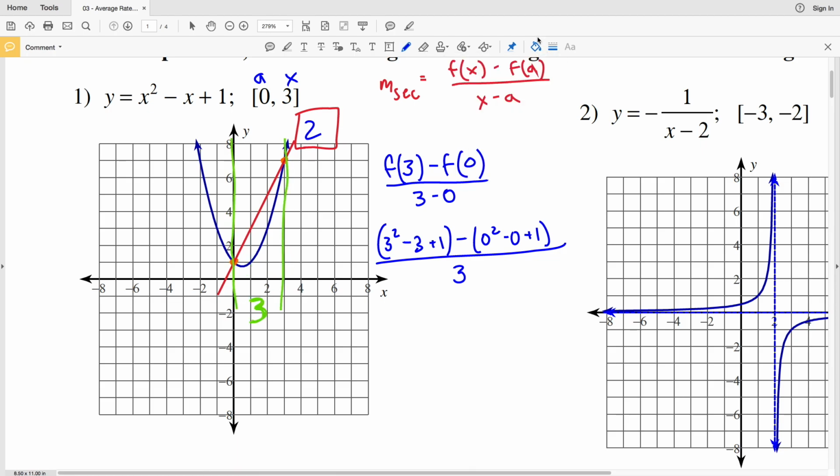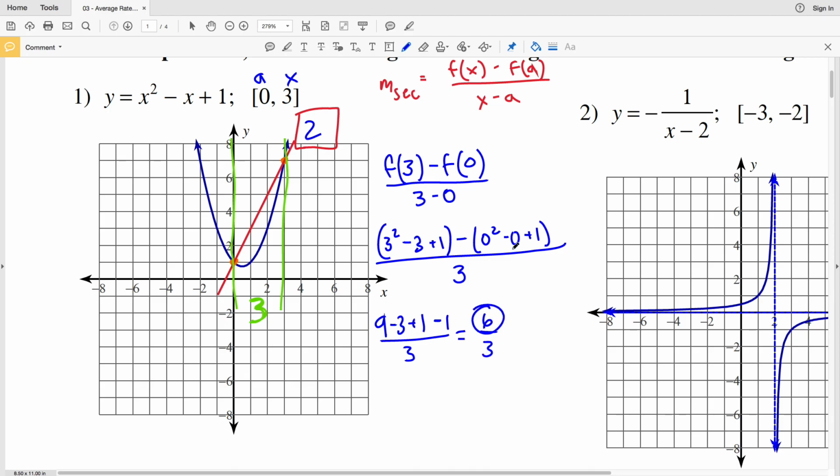Now let's find that change in y, or change in f of x. 3 squared is going to be 9, so we'll have 9 minus 3 plus 1 minus 0 squared, which is 0, minus 0 is 0, and we're just subtracting that positive 1. And that's all over 3. 1 minus 1 is 0. 9 minus 3 is 6, so I'll have 6 over 3.